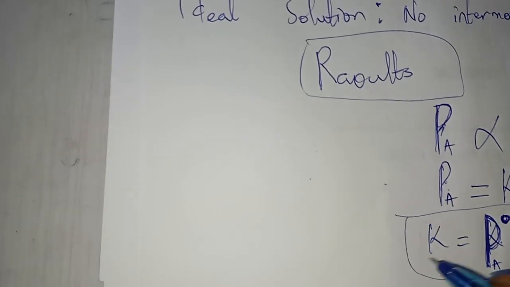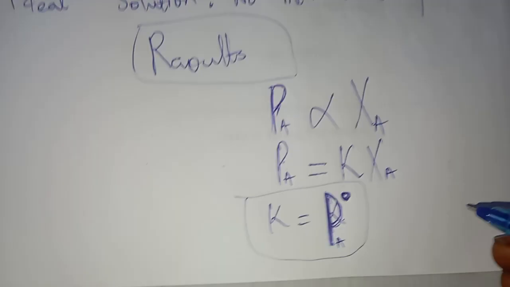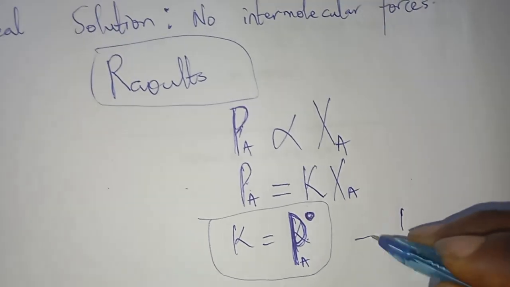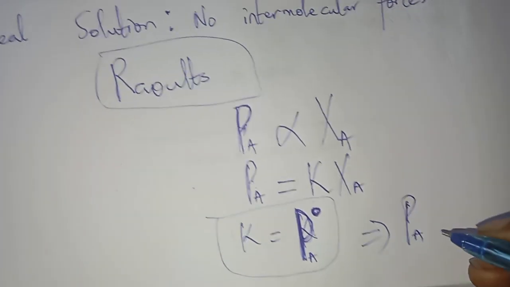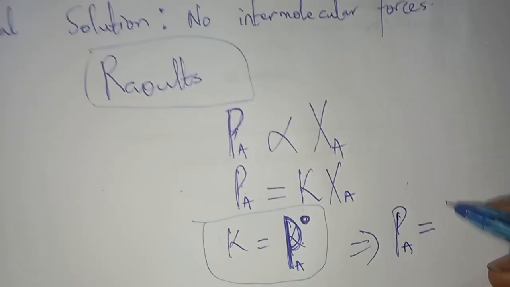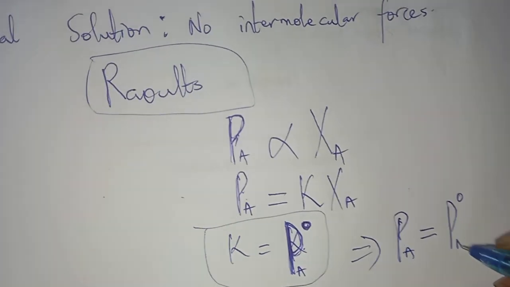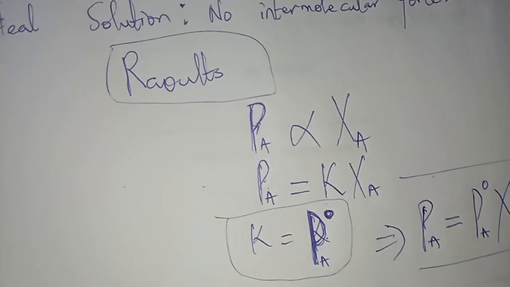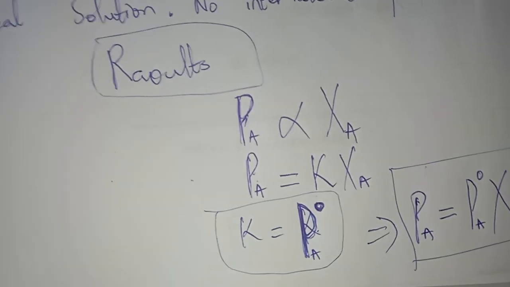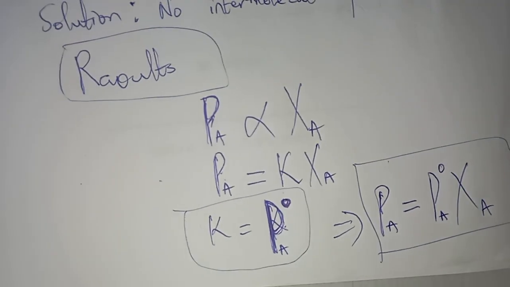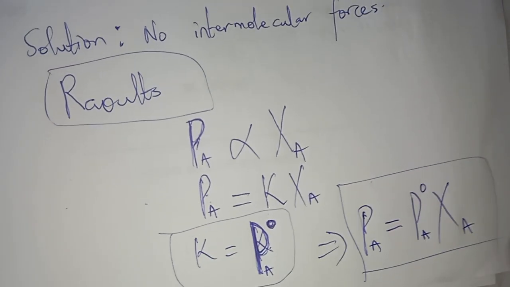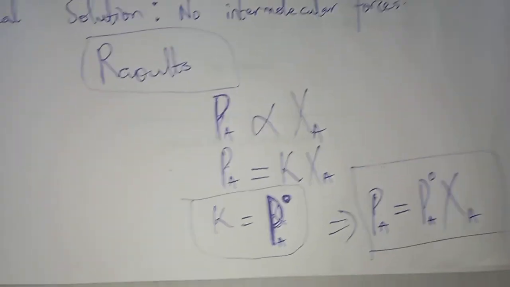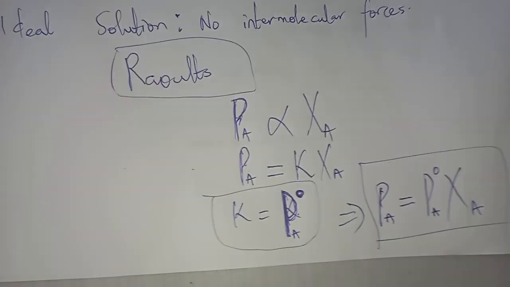So when you replace it with this proportionality constant, you now have what you get in most textbooks as Raoult's law, which gives account of vapor pressure of a solution to be equal to the product of the pure vapor pressure multiplied by the mole fraction. So once you're talking about ideal solution or vapor pressure, we always make use of this.